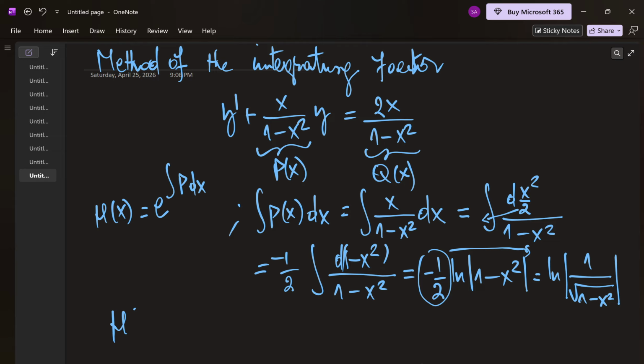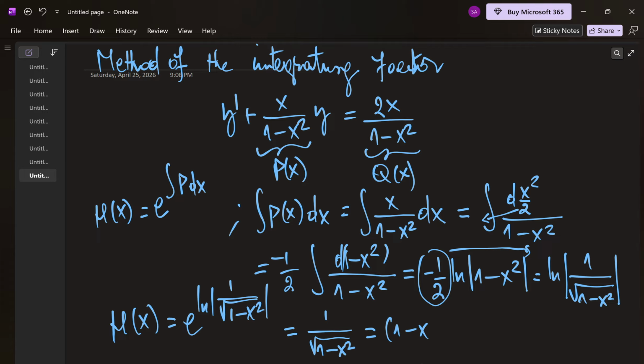So u(x), the integrating factor, becomes exponential of ln of this part here, which is actually 1 over the square root of 1 minus x squared, or simply 1 minus x squared to the power minus 1/2. Okay?